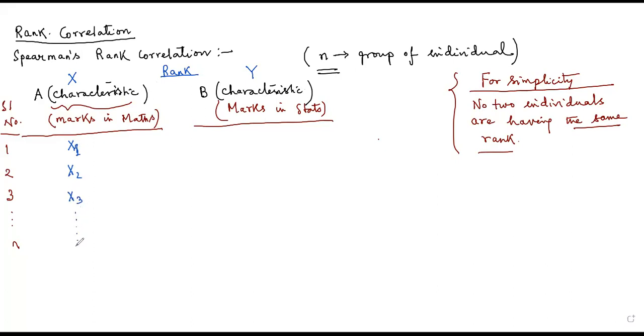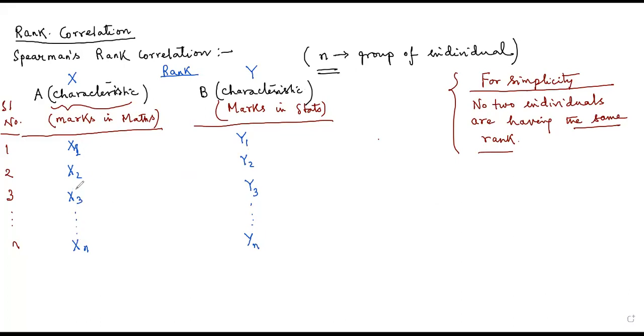This X1, X2, X3 up to Xn that I'm writing here are actually ranks. And these values of Xi's and Yi's will vary from 1 up to n, isn't it?